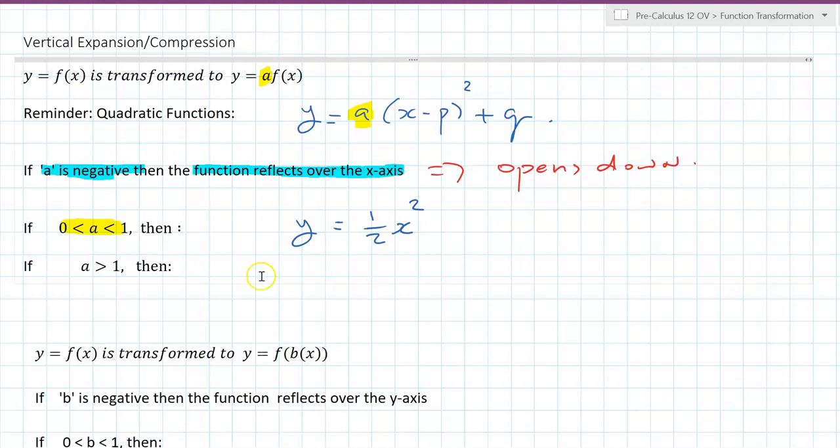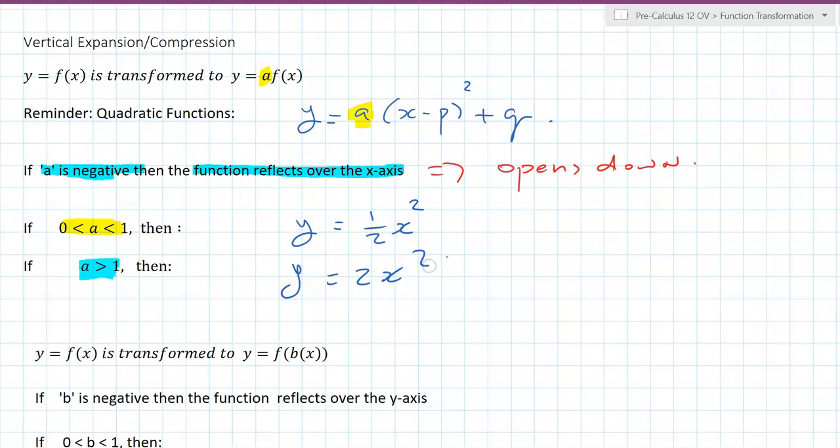And if a was greater than 1, so for example, y equals 2x squared or 1.5x squared or anything greater than 1, this became the vertical expansion.